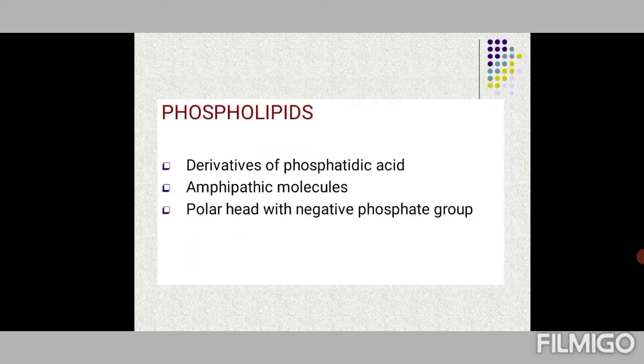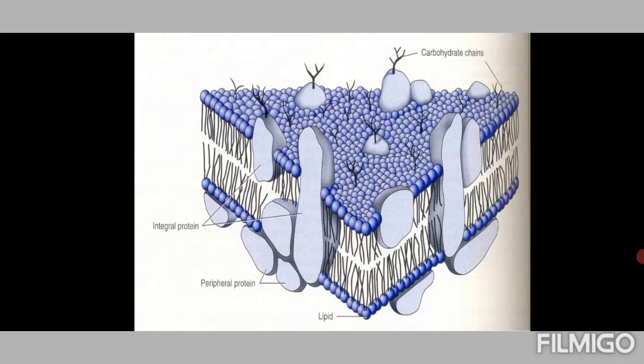Now, phospholipids are derivatives of phosphatidic acid. We can see what phosphatidic acid is. They are amphipathic molecules also, which means that they have polar and non-polar ends. Basically, phospholipids form an integral part of the plasma membrane.